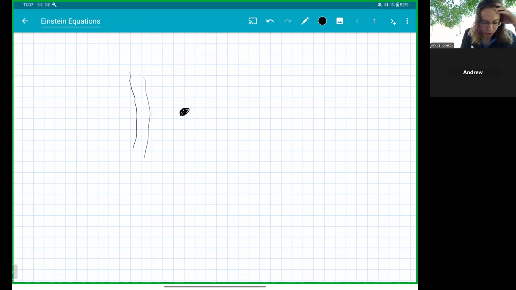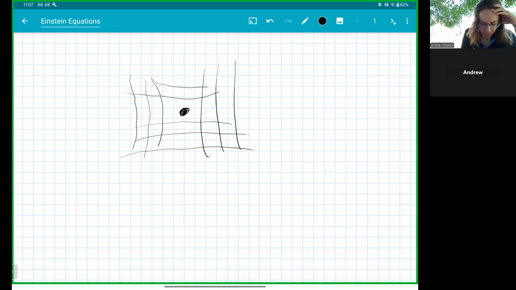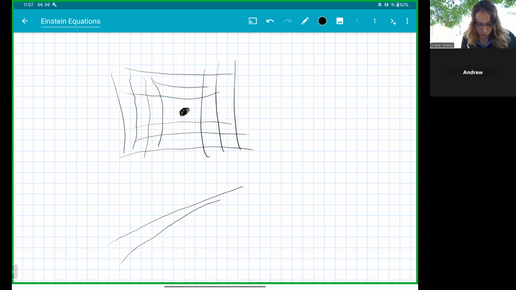space-time is getting curved. And we notice that what curvature actually is, is the convergence or deviation between geodesics, right?